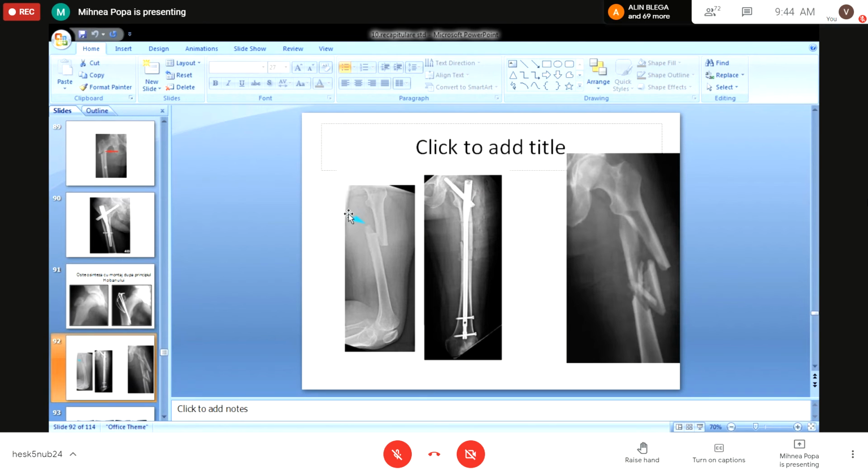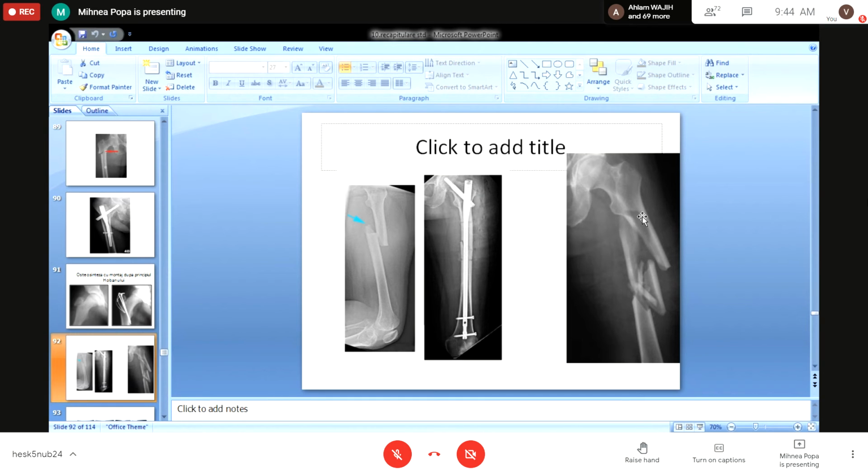Of course, if we speak about fractures of the diaphyseal part of the femur, as you can see here, we can have fractures that are just transverse. We can have bifocal fractures. We can have highly comminutive fractures in this region.